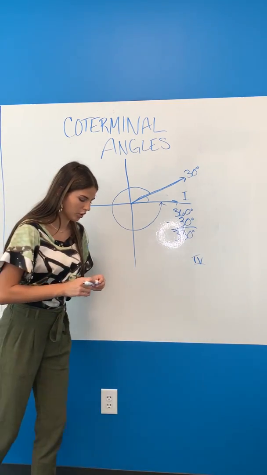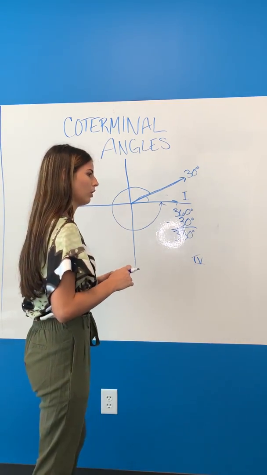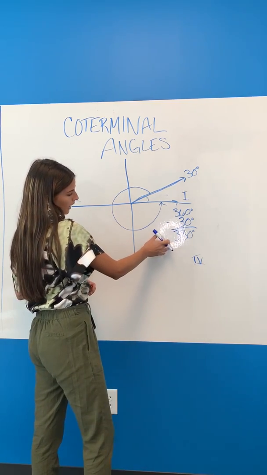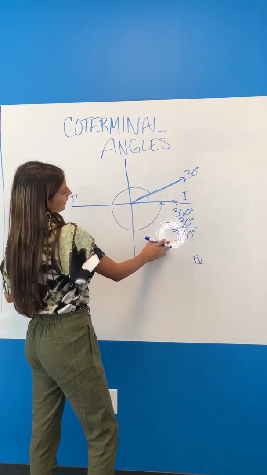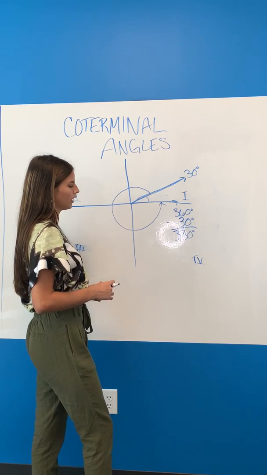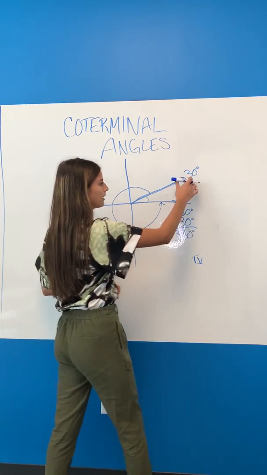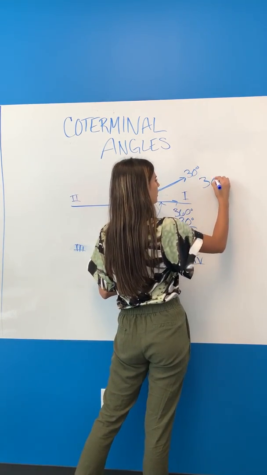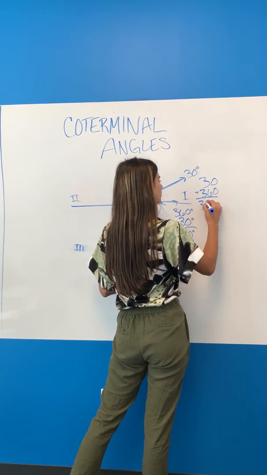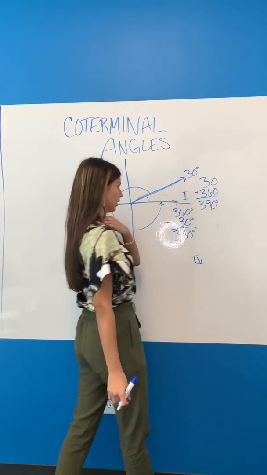Now, coterminal angles will also apply if you are subtracting 360 degrees or adding 360 degrees. It will come back to the same place on the graph. So another example for this would be 30 degrees plus 360, which will be 390 degrees.